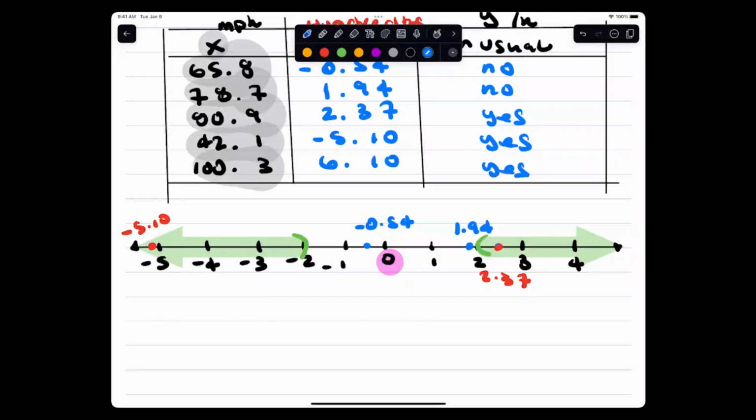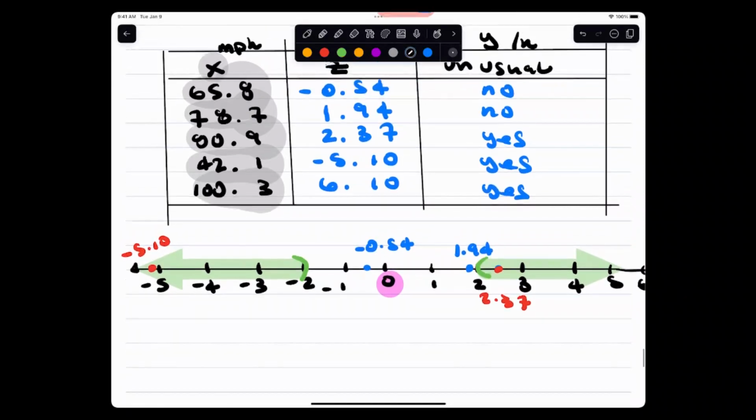In fact, darn it, I might be off the charts again. I hate when I'm off the charts. 5 and I'm off the charts, ladies and gentlemen. But that speed of 100.3 is more than 6 standard deviations above your mean. Easy peasy lemon squeezy.